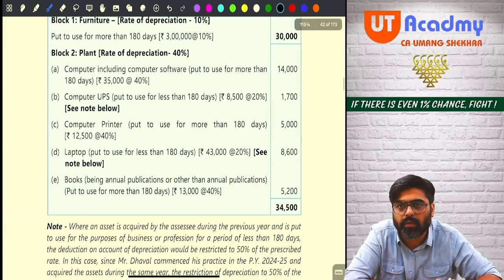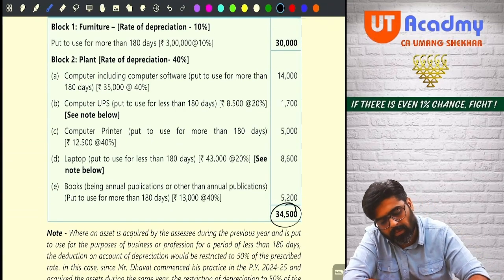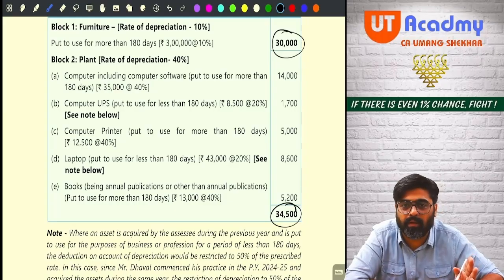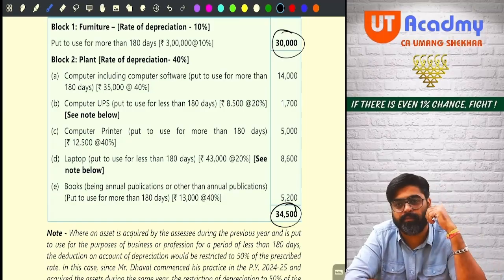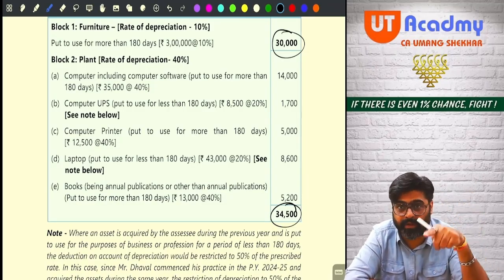64,500. Sir, it is 34,500. How come, sir? 34,500 plus 30,000 will give you 64,500. What they have done, you know? They have calculated the depreciation for books also along with computer. And they themselves will not give you the marks for this.